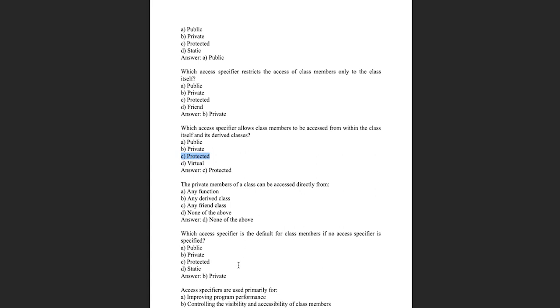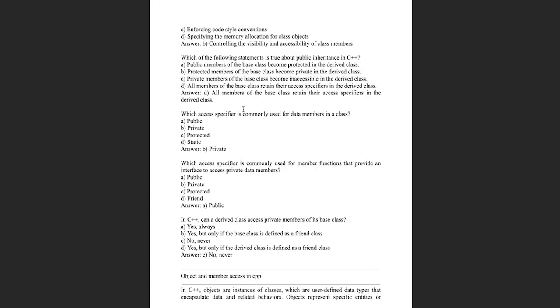We have demonstrated this through the code also. Hope every one of you remembers that. Access specifiers are primarily used for improving program performance, controlling the visibility and accessibility of class members, enforcing the coding style, or specifying the memory allocation. The answer is B, controlling the accessibility and visibility of class members.